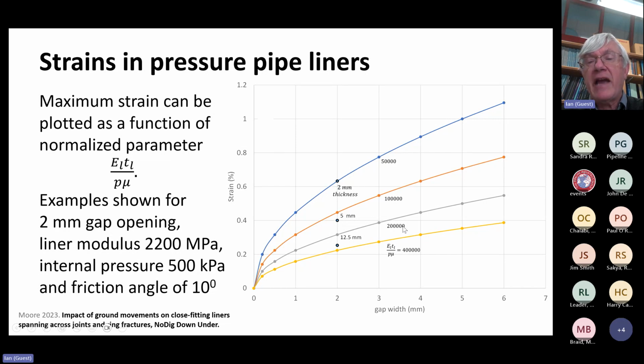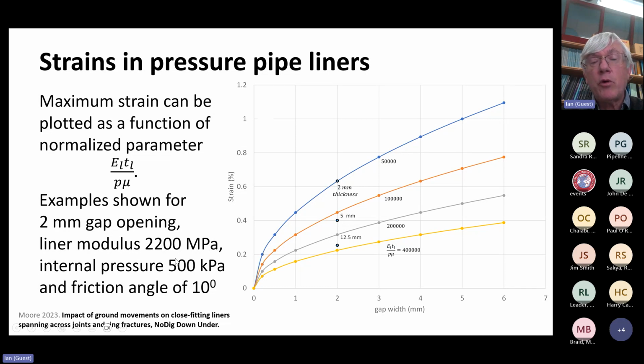And here are some different values which cover a range of typical liner types and also pressure and friction coefficient ratios. So for example, this might be a modulus that we could have for a typical epoxy resin liner, and it might be reasonable for a polyester liner as well.